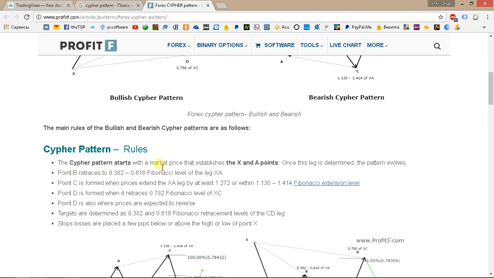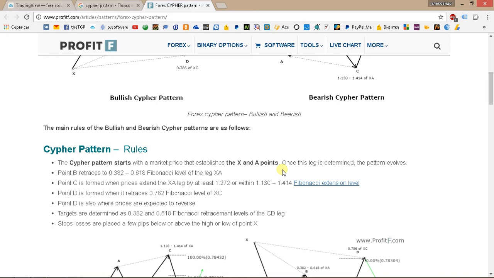Okay, cipher pattern. The cipher pattern starts with the market price that establishes X and A. Well, what is good about the advanced pattern formations is that they clearly define the XA point. The XA leg is not just a market movement or market price. It is not something random.